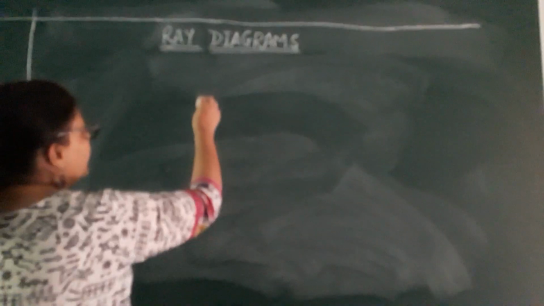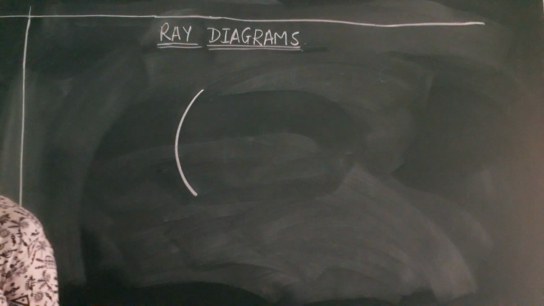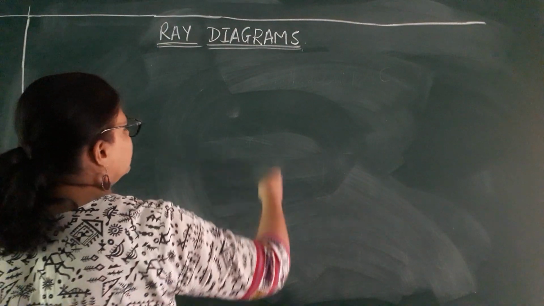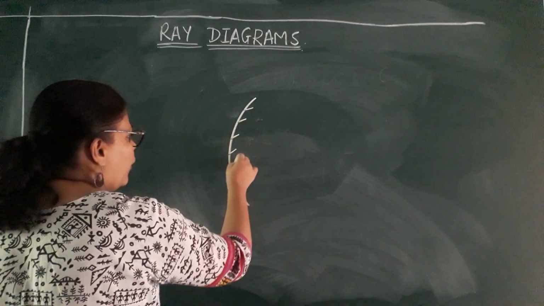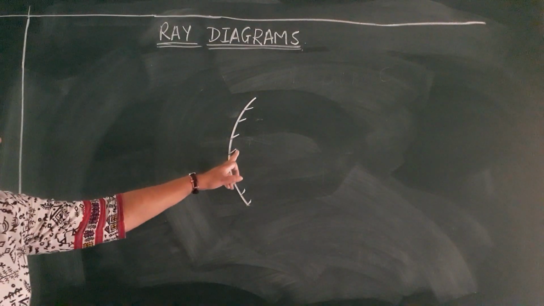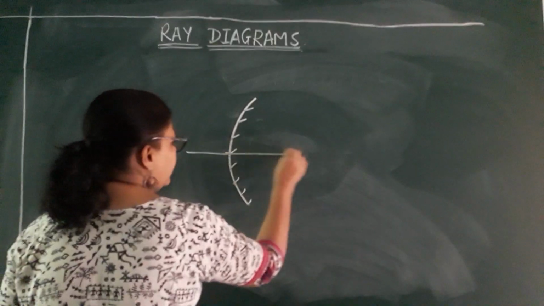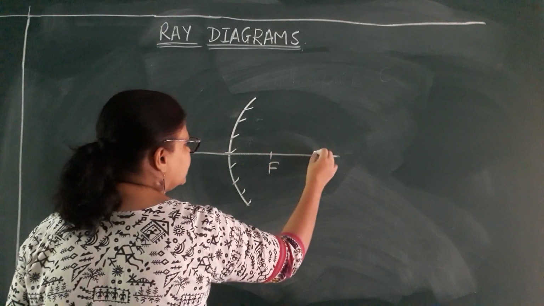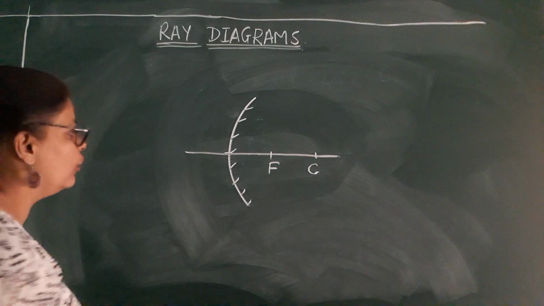Again, children, remember the pattern followed to draw the diagrams is the same. I am first going to draw the mirror and polish it. But can you see the difference? In this I am polishing the mirror from inside. I take the center point, draw a straight line, and take 2 points F and C at a distance of 2 centimeters each, the same pattern followed.